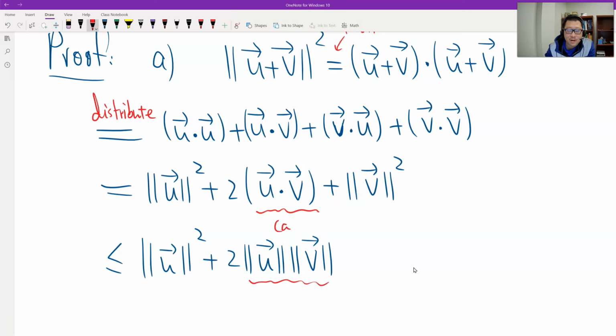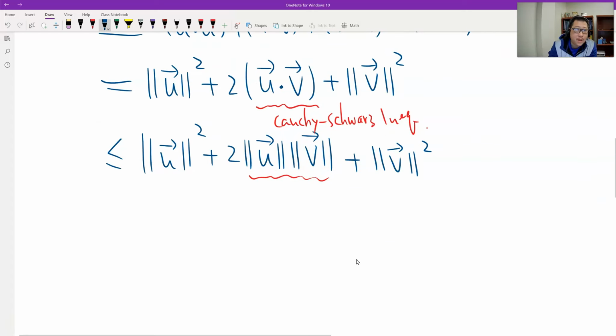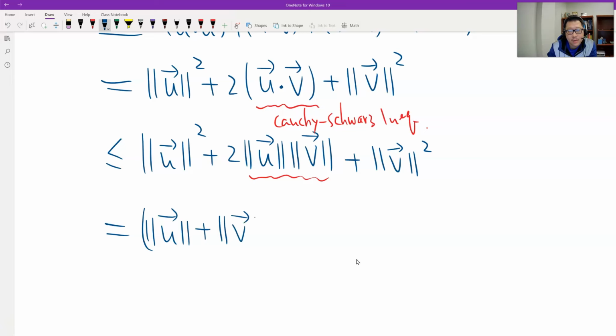This is the Cauchy-Schwarz inequality we learned in the previous theorem. And then plus the norm of v squared, and this is a perfect square, which is this one plus this one, and then squared.